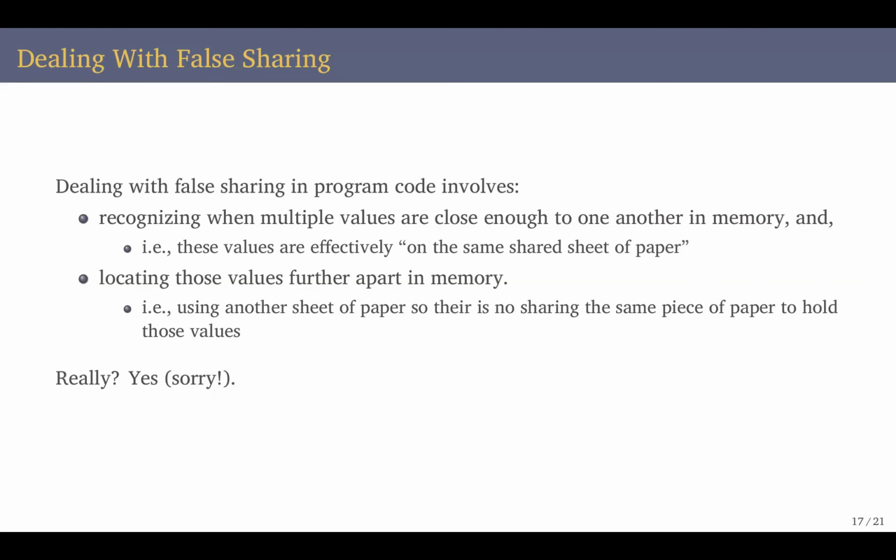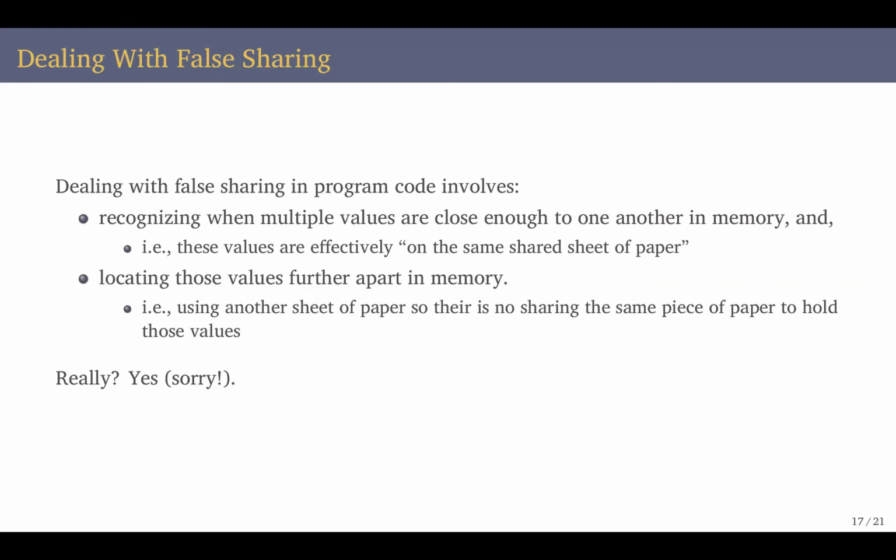So it's not hard to see how you can have things next to each other in memory. And this can happen in any programming language, not just C, C++, or Fortran. Okay, so when values are close enough, and I'll talk a little bit later about what close enough means, you're on the same sheet of paper, conceptually.